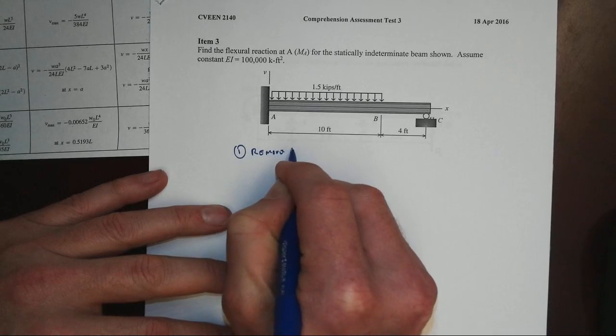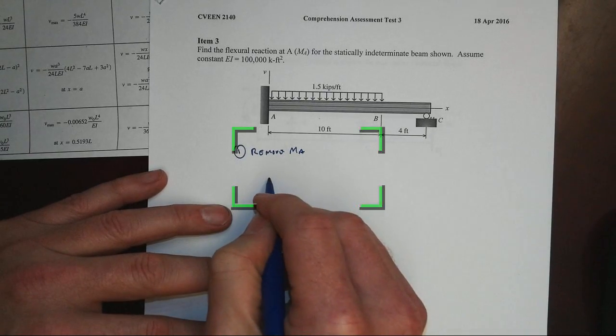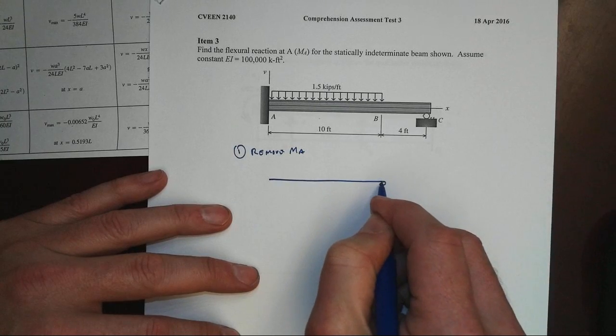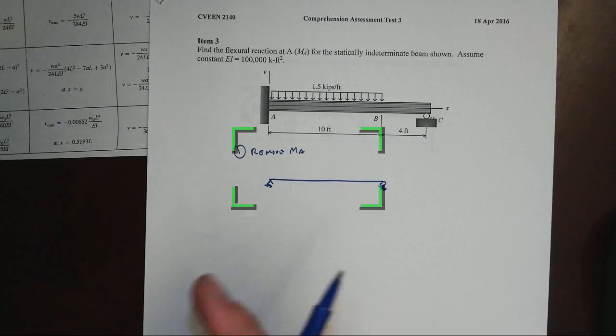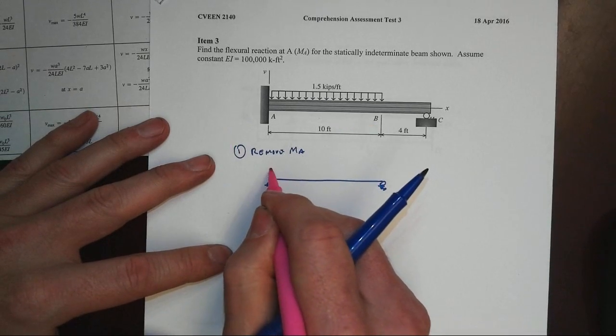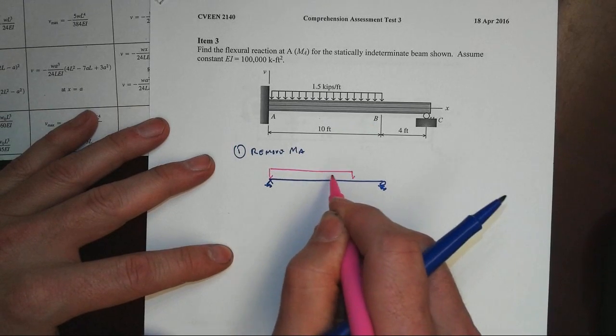Remove M sub A, and we'll have then a simply supported beam with a distributed load that goes across 10 feet.